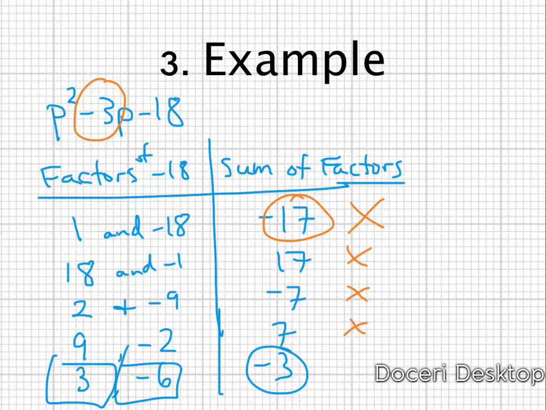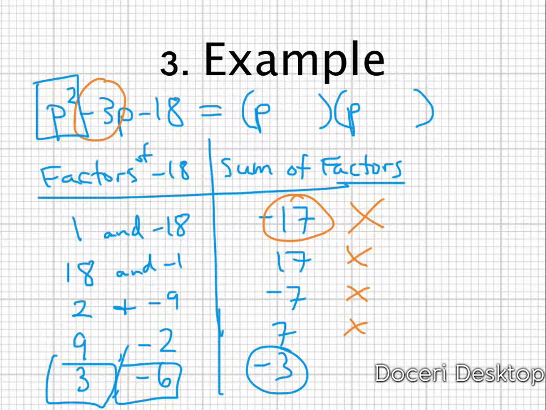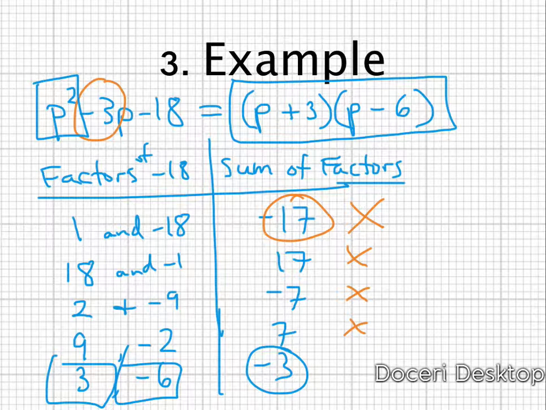So this factors to my two binomials. P squared I get from p times p, if you remember. And then I'm going to have 3 and negative 6 here. So it's a positive 3 and a negative 6. So I have plus 3 minus 6. So my answer is p plus 3 times p minus 6.